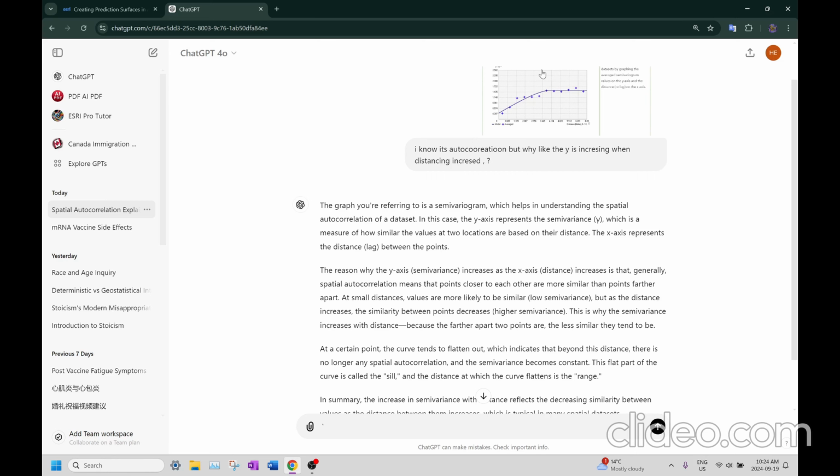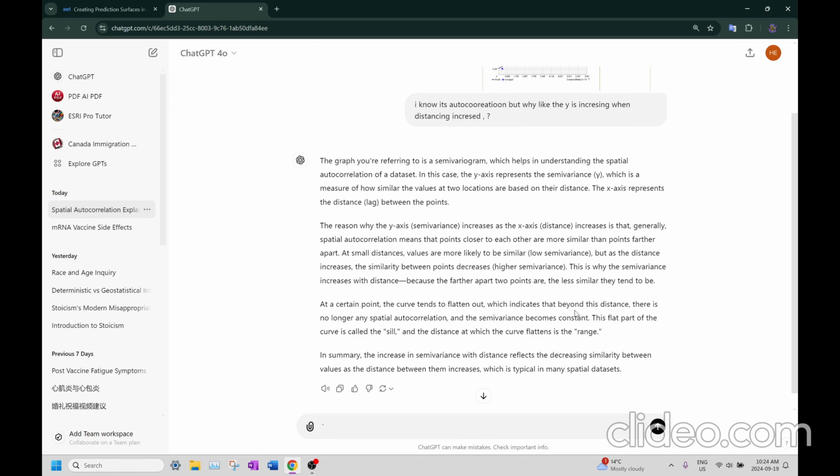At a certain point the curve tends to flatten out, which indicates that beyond that distance there's no longer any spatial autocorrelation, thus the semivariance becomes constant.